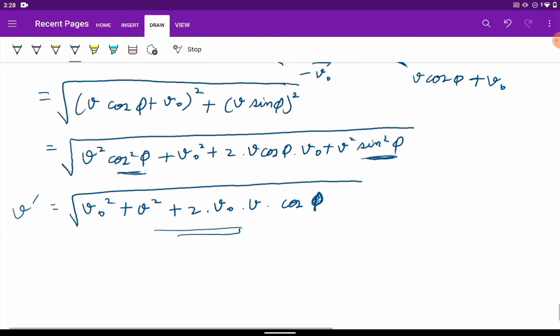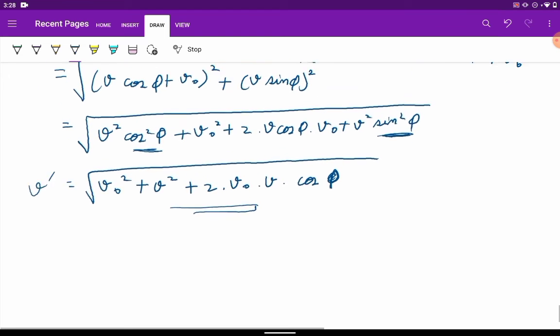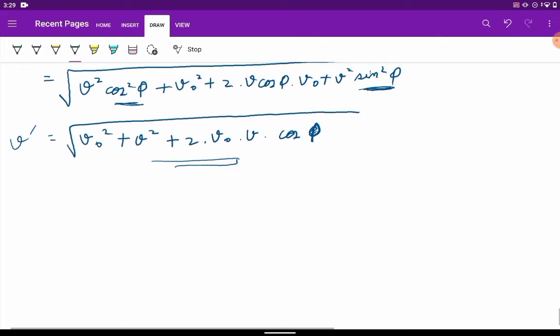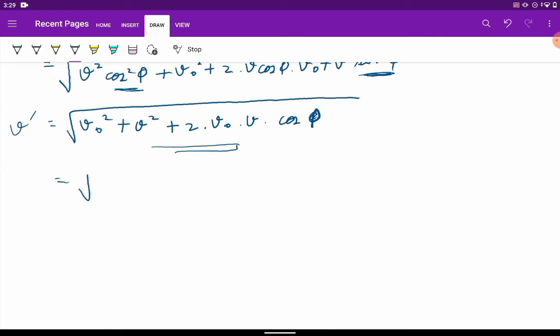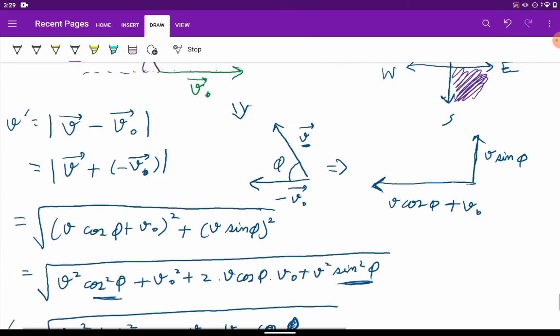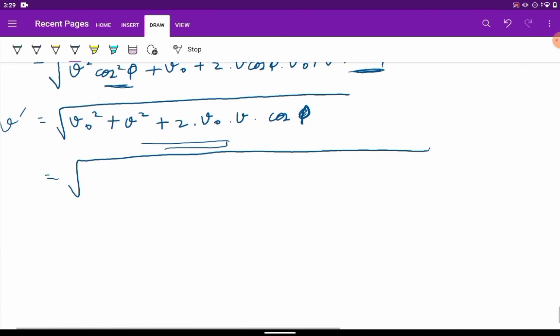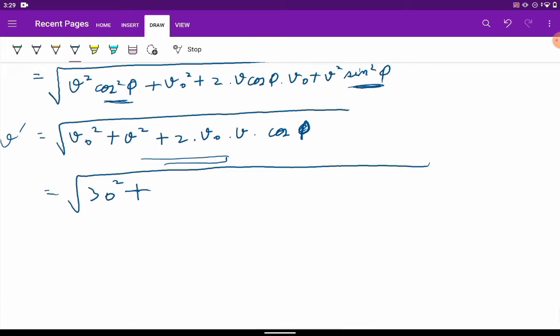But I guess we'll do it anyways. We see v naught is 30 and v is 15. So 30 square plus 15 square plus 2 into 30 into 15 into cos phi. What is cos phi?